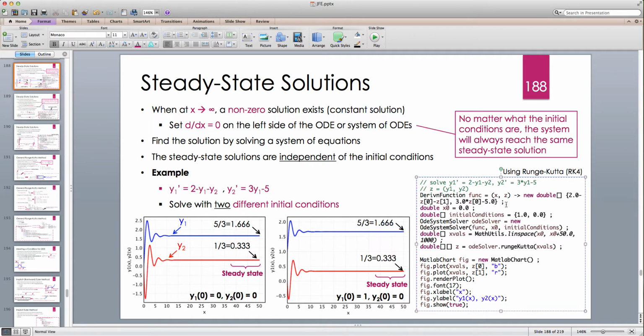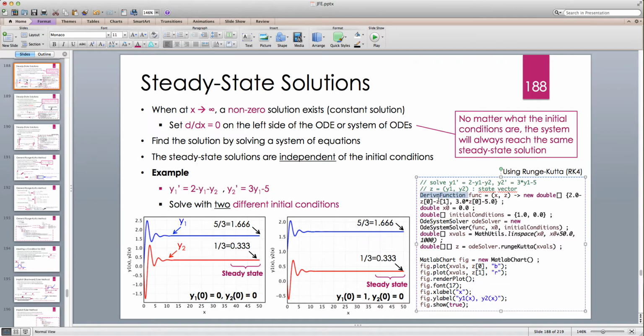So this is the code I wrote using Runge-Kutta fourth order for solving this differential equation with different initial conditions. So we want to solve y1 prime equals 2 minus y1 minus y2, and y2 prime equals 3y1 minus 5. So we define our state vector, z, which is y1, y2. Vector here is basically an array, okay?